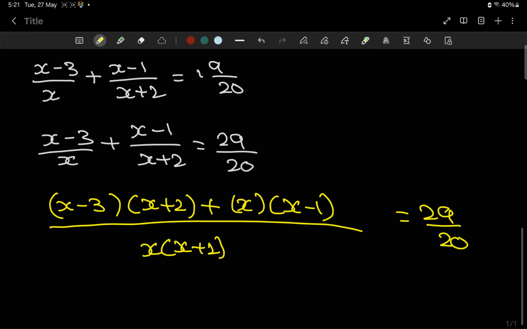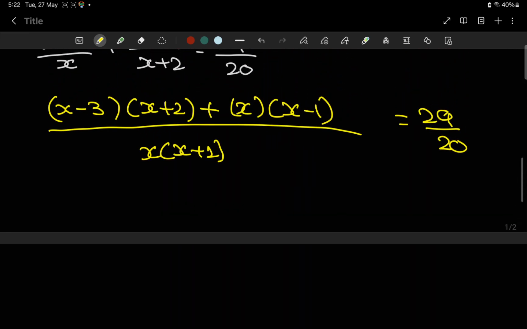So let's simplify this. Now we have to multiply x with this x and x with 2 also. So it will become x square plus 2x. Now we multiply minus 3 with x and minus 3 with 2, so it is minus 3x minus 6.